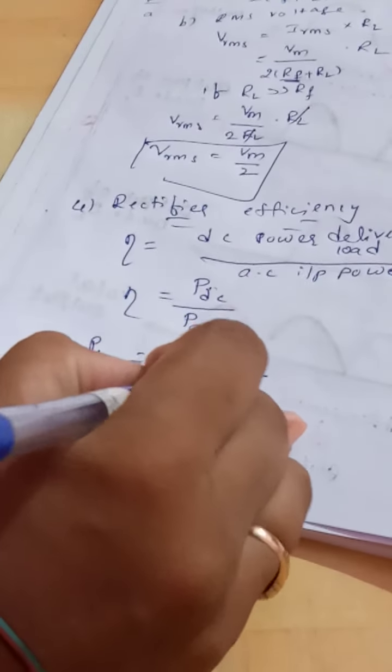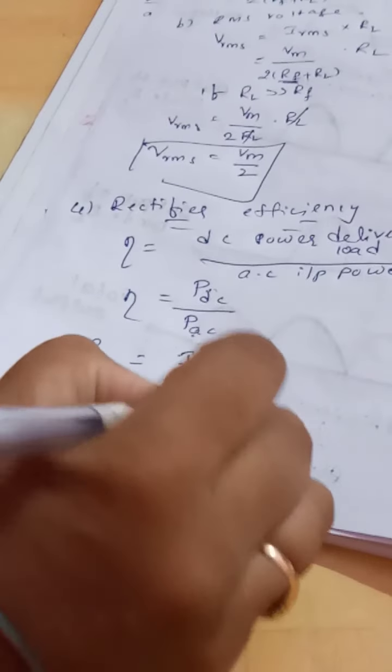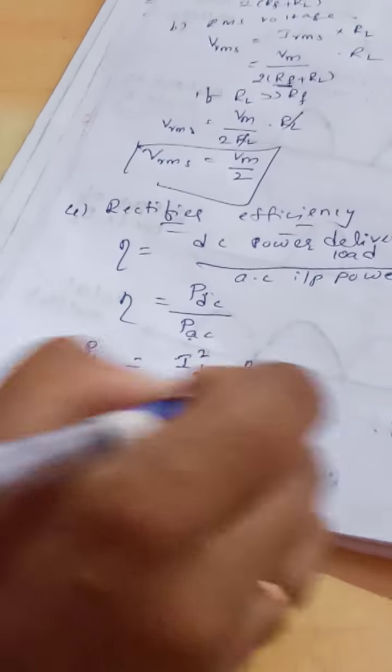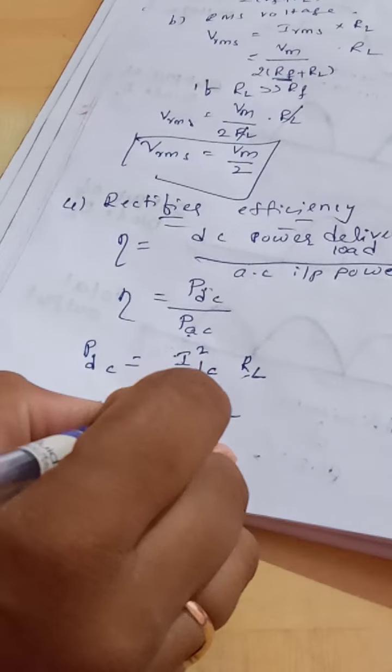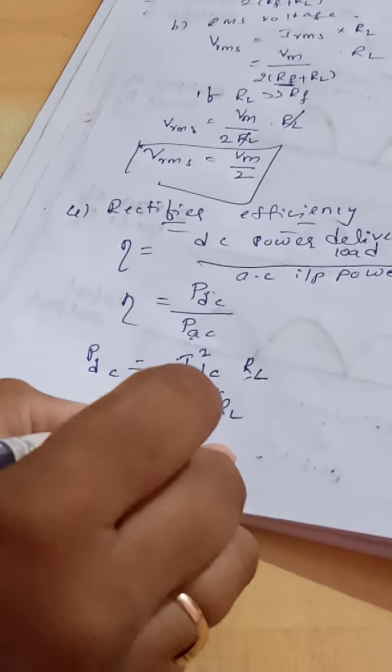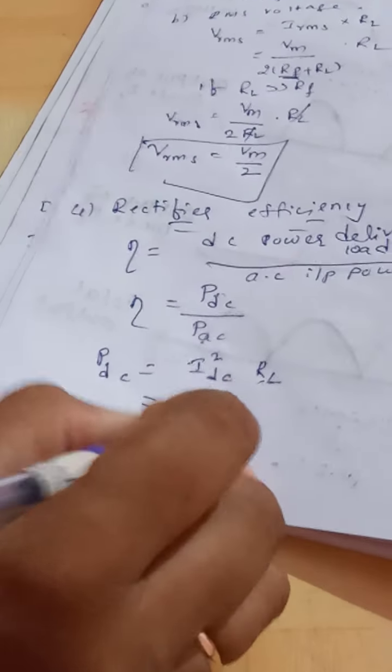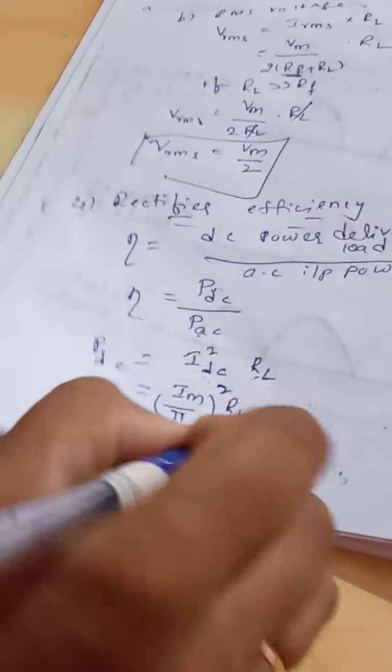What is the value of IDC? Im by pi whole square into RL. So that is equal to Im square by pi square RL. So we got the value of PDC.